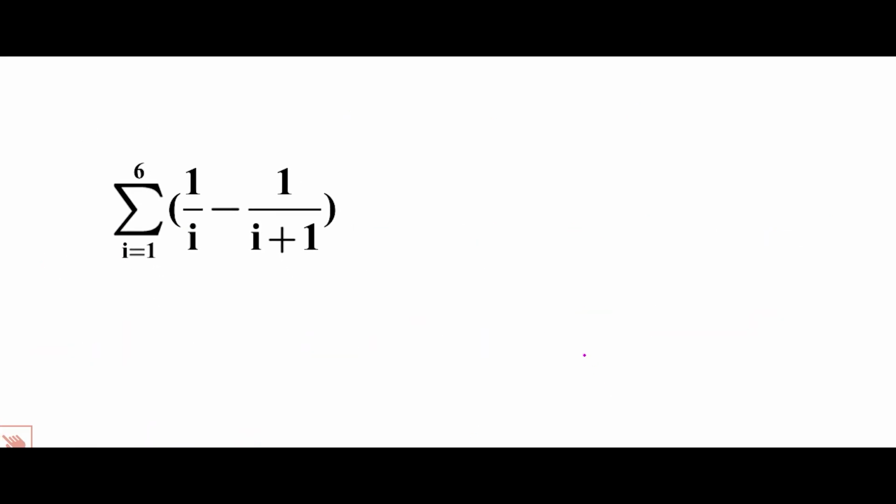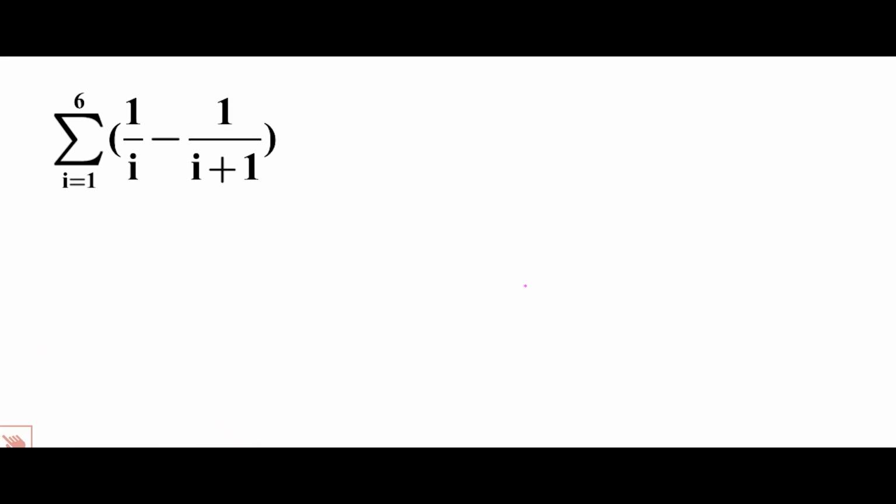Number 2, evaluate the sum of 1 over i minus 1 over (i+1) from i equals 1 to 6. This is a classic telescoping sum. So let's expand it term by term.